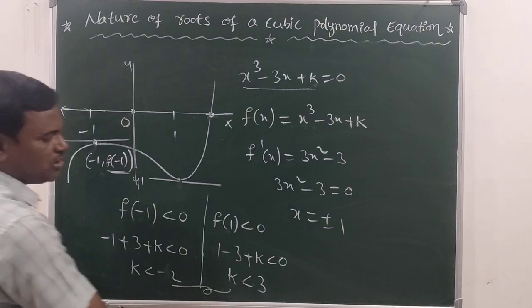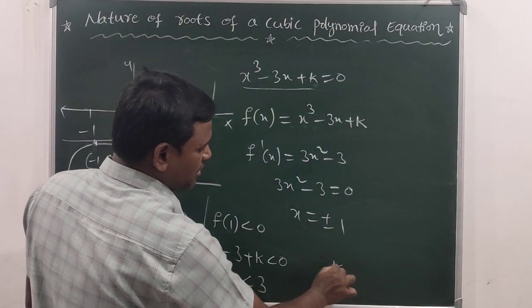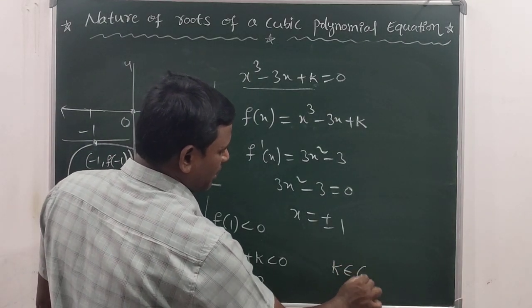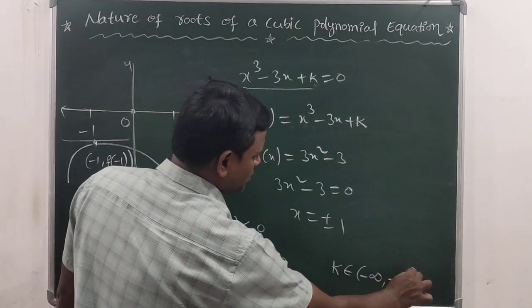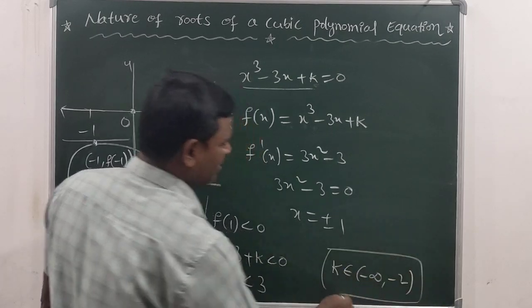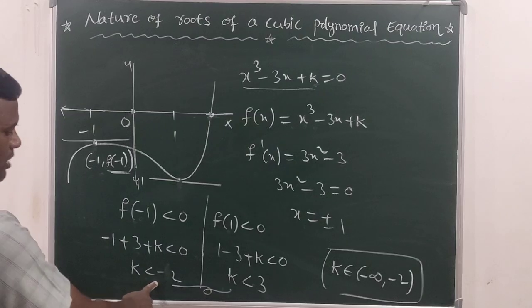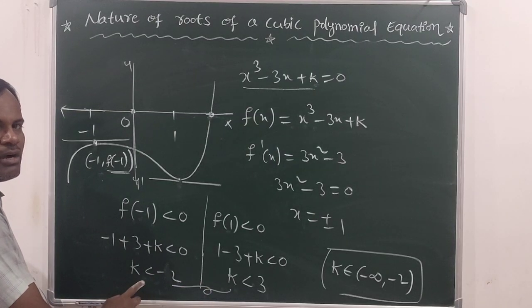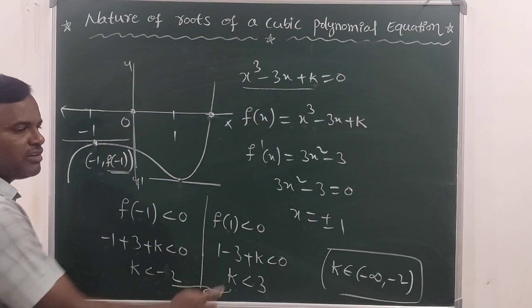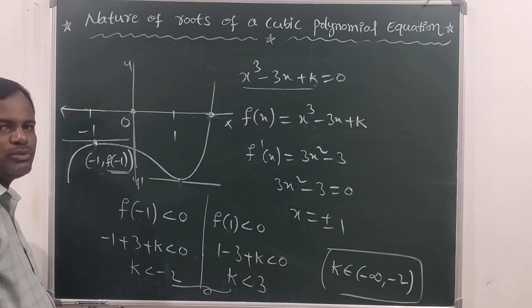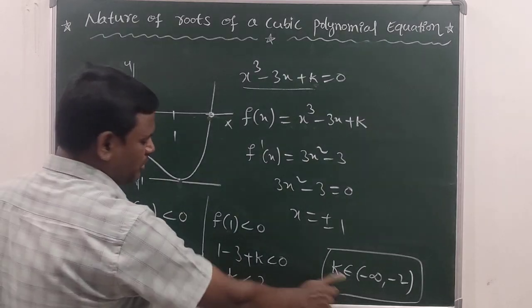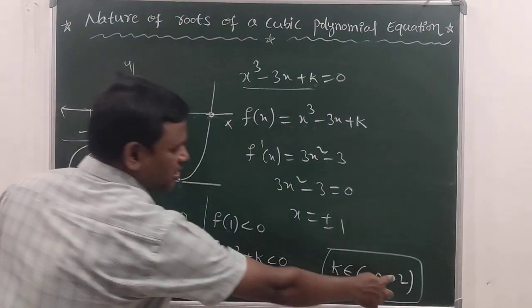So the common portion of these two is k belongs to minus infinity to minus 2, open. This is the required interval for k. In both, this is the common portion. It is a subset of the other interval. Yes or no students? Hence the common portion of these two is k smaller than minus 2.